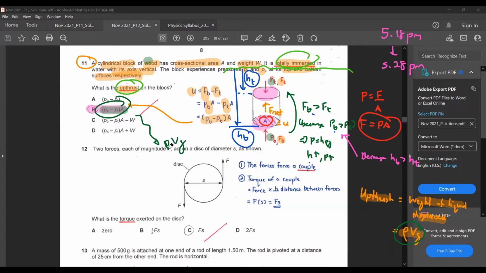Now, how do you get to that? By substituting the equation for pressure. Let's say I do the workings at the top.